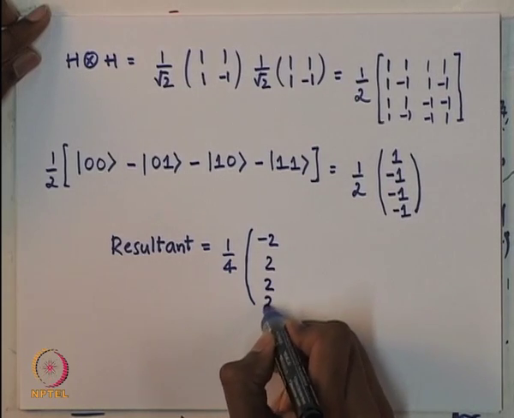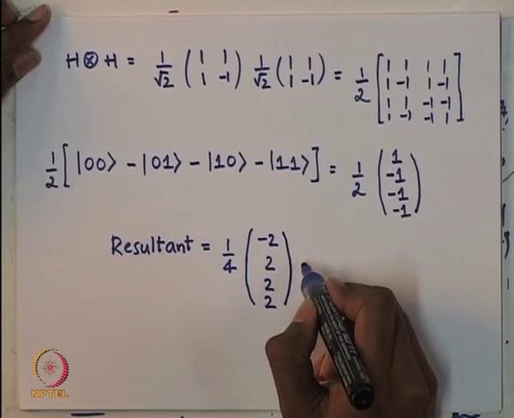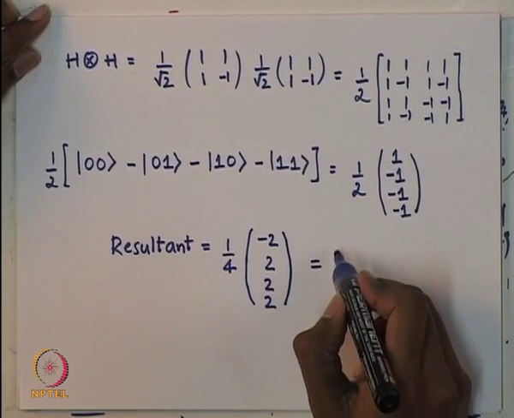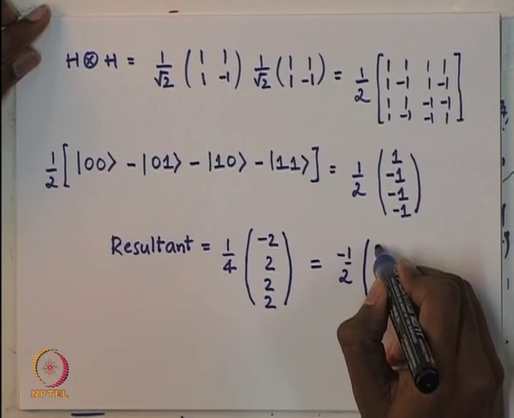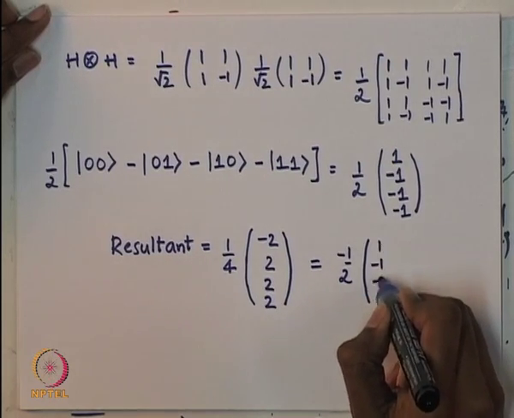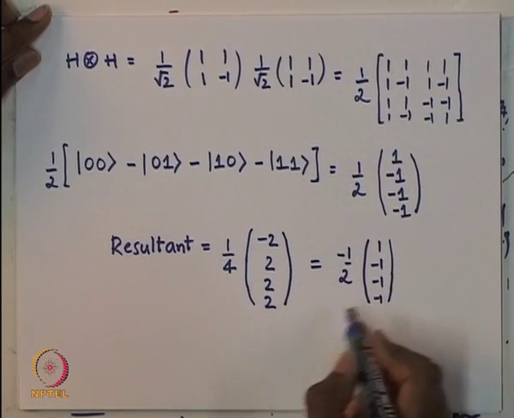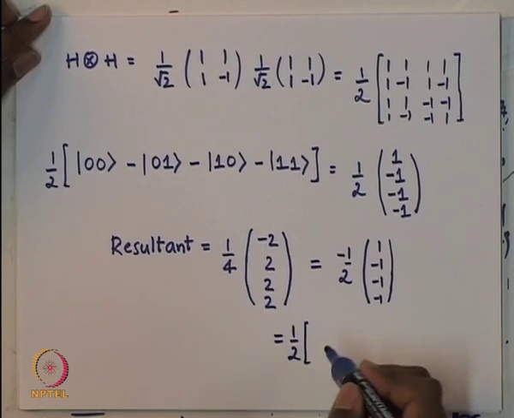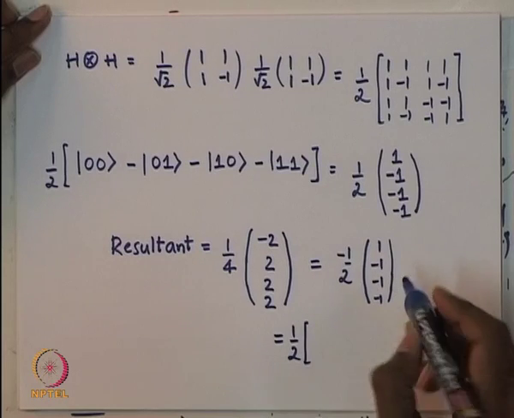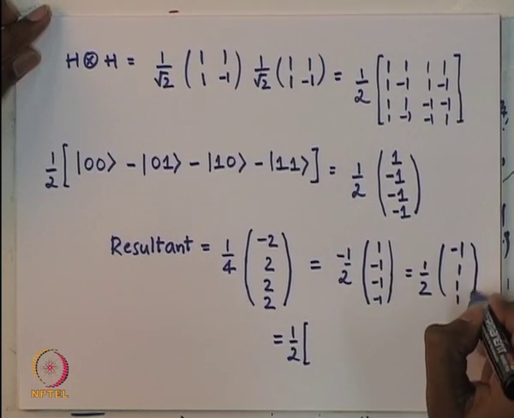Similarly, the other two results would be 2 and 2. This can be written as half times minus 1, 1, 1.